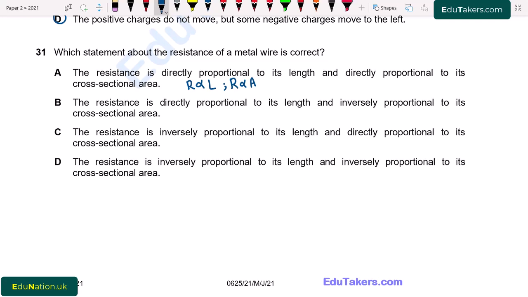MCQs B. The resistance is directly proportional to its length and inversely proportional to cross-section area. C. The resistance is inversely proportional to length and directly proportional to cross-section area. Option D. The resistance is inversely proportional to length and inversely proportional to cross-section area.